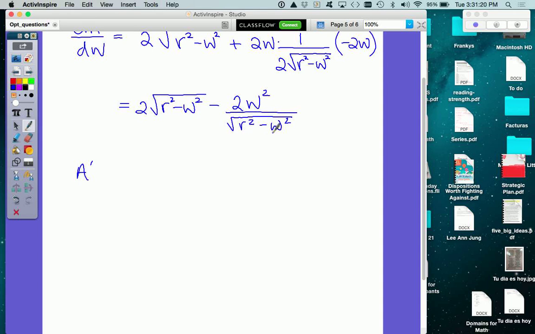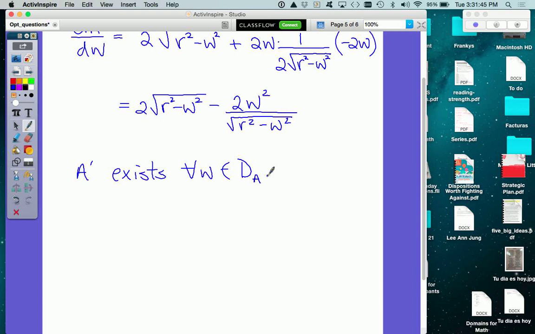But again, w equals r is not in the domain. According to our domain, w has to be smaller than r, and so therefore, we don't have any issues with this derivative at all. This derivative is going to exist everywhere. And so we're going to say A prime exists for all values of w in the domain for area.